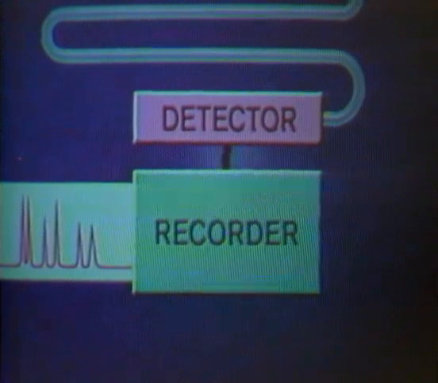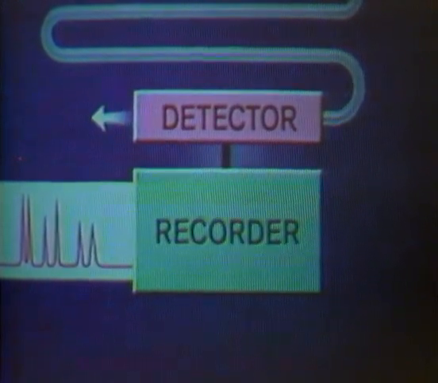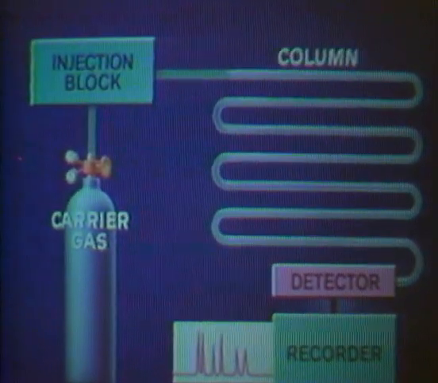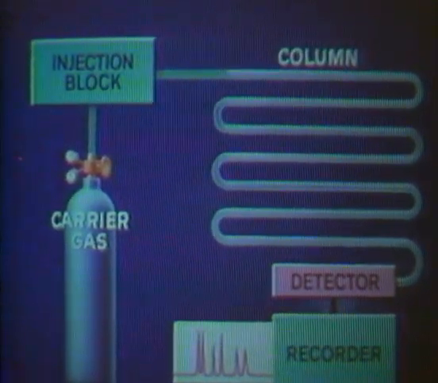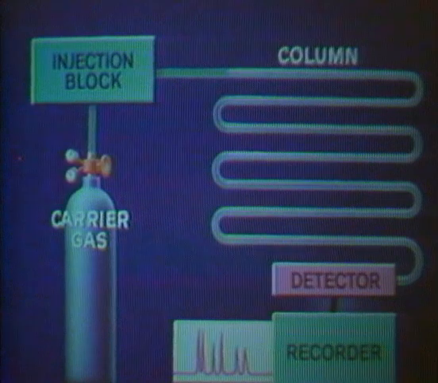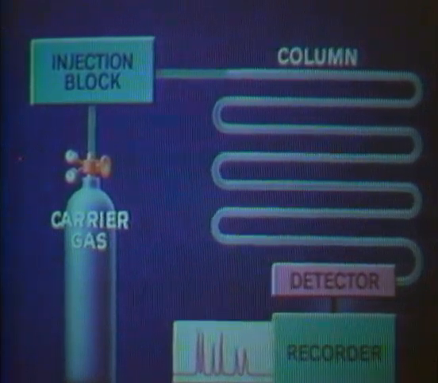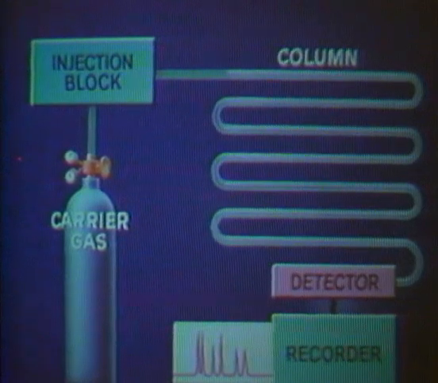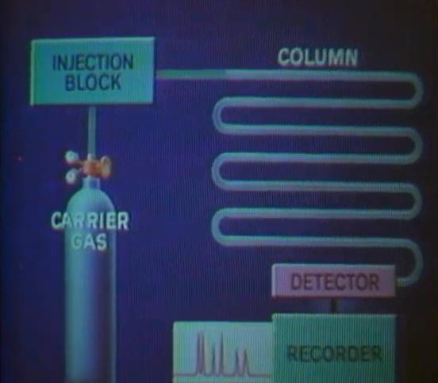The effluent from the detector is usually vented to the atmosphere. The injection port, the column, the detector, and all the connecting lines are heated to avoid condensation of the sample. The column is heated to provide a reasonable partitioning between the two phases.